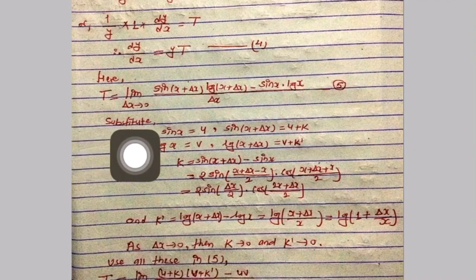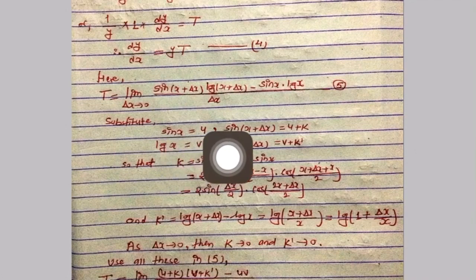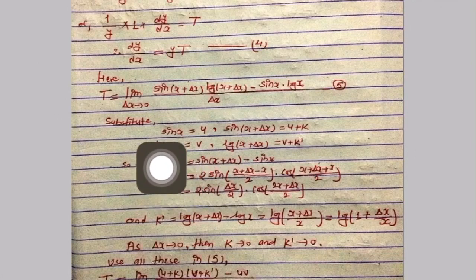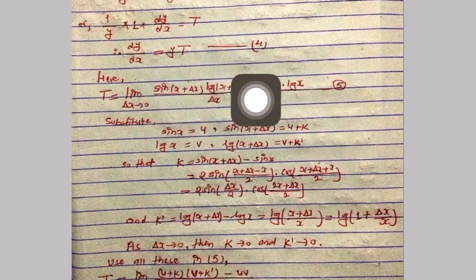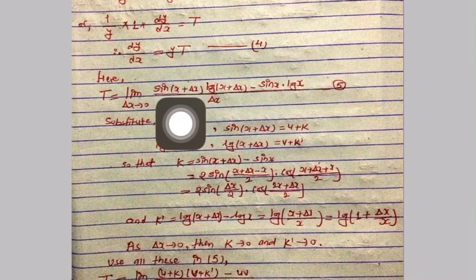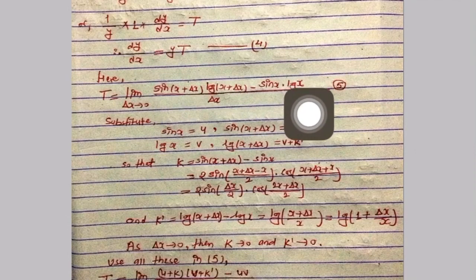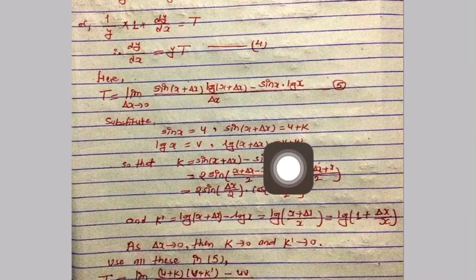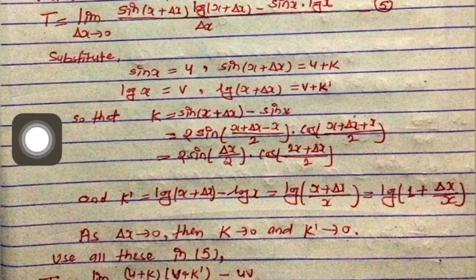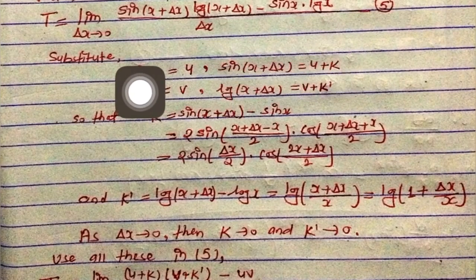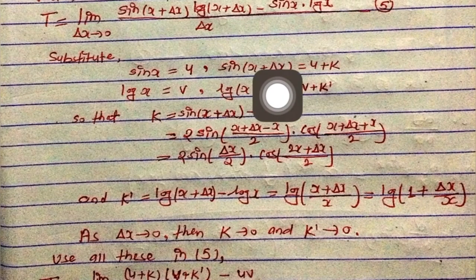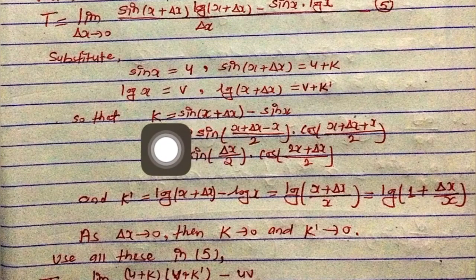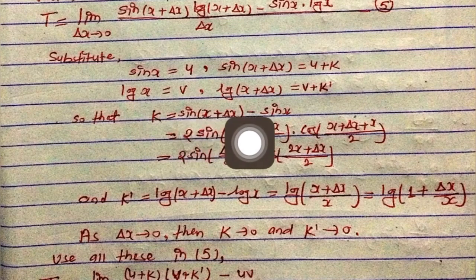For example, substitute sin x is equal to u, so that sin of (x plus del x) is equal to u plus k. Also suppose log x is v and log of (x plus del x) is v plus k prime, so that from this one k is equal to sin of (x plus del x) minus u. So u is nothing but sin x, so that you get k is equal to sin of (x plus del x) minus sin x.